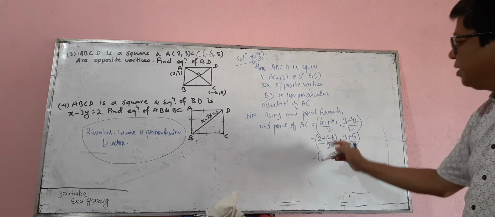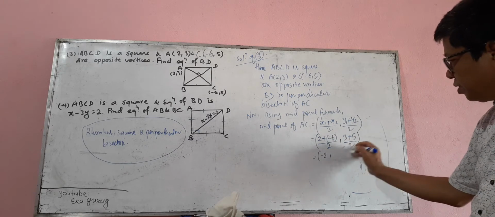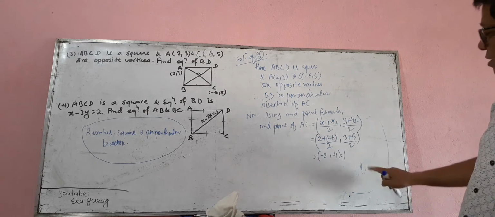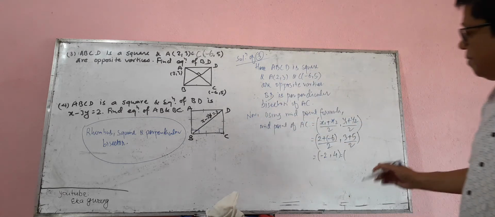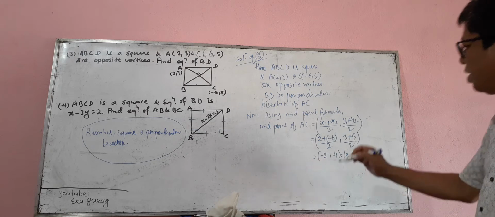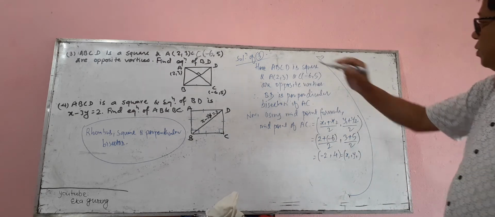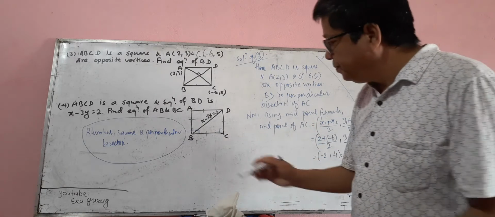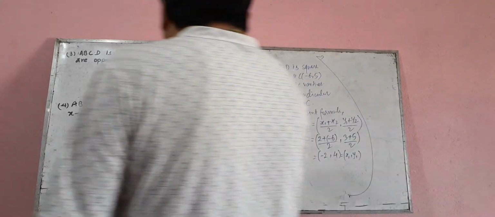On simplification you will get (-2, 4), and this can be considered as the point through which the diagonal passes, say x1, y1. Now we find the slope. Oh no, we solve it here.